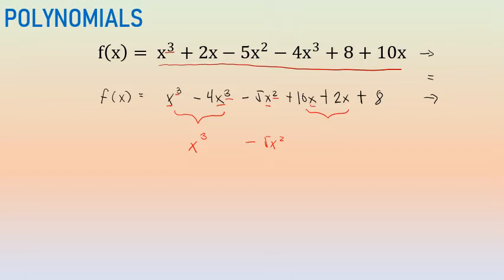X, parehas. Ano yung exponent nila? Positive 1. Same with here, positive 1. Same base, same exponent, therefore they are like terms. So, kopyahin natin yung terms nila, x. Kopyahin natin yung base. Then, dito naman sa dulo, constant plus 8. Wala naman siya kasing kapareho. Wala nang ibang constant. Okay?